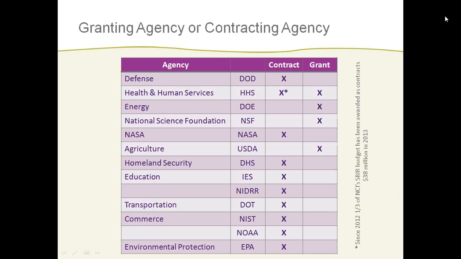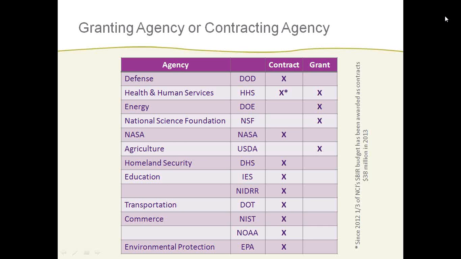So here is the breakdown between the contracting agencies and the granting agencies. Defense and NASA are the largest of the contracting agencies. Health and Human Services has both contracting and granting, although the contracting is a small part of it.